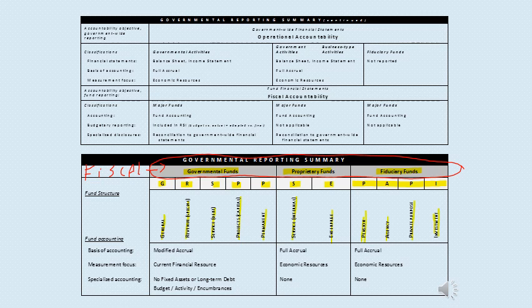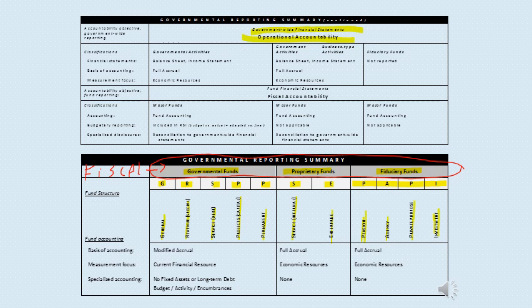Now we're also going to have information, as we've said, at the government-wide level. Okay, and when we're up at the government-wide level, we are using an operational accountability focus.